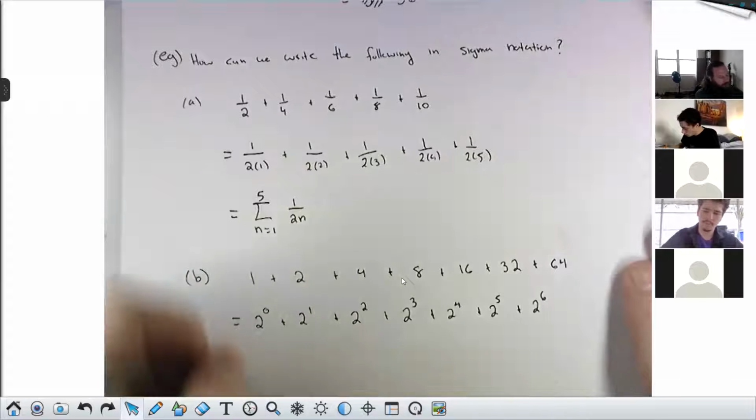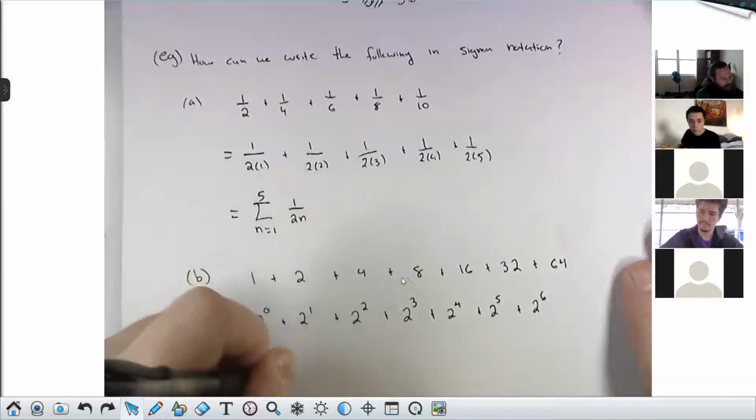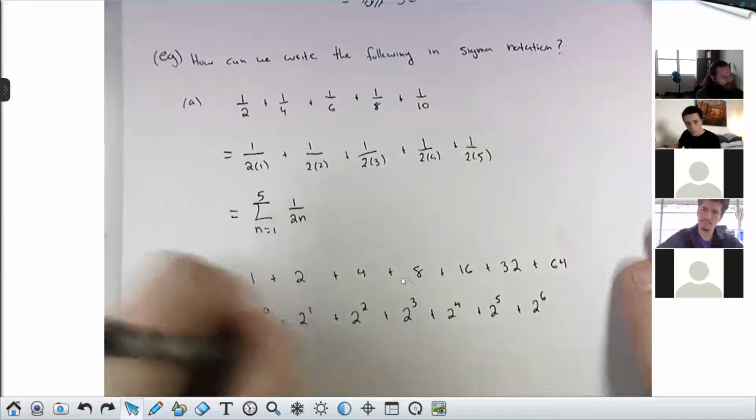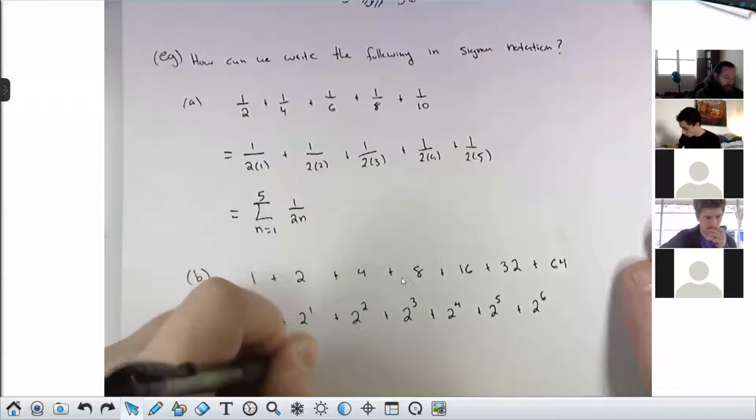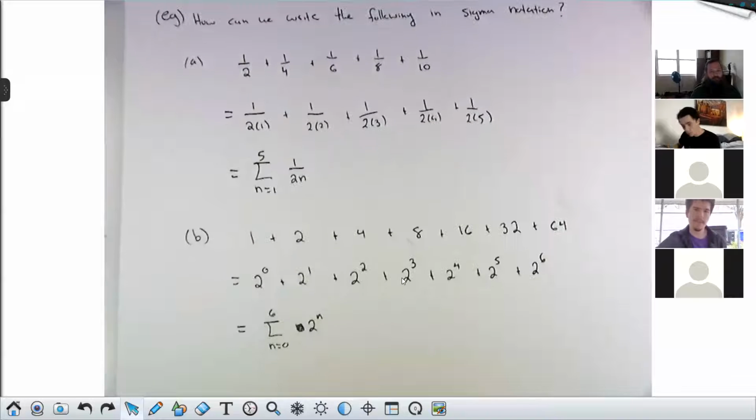So it's n equals 0 to n equals 6 of 2 to the n. Very good. Am I saying that properly? Should I be wording that differently? Nope, that's perfect. Okay.